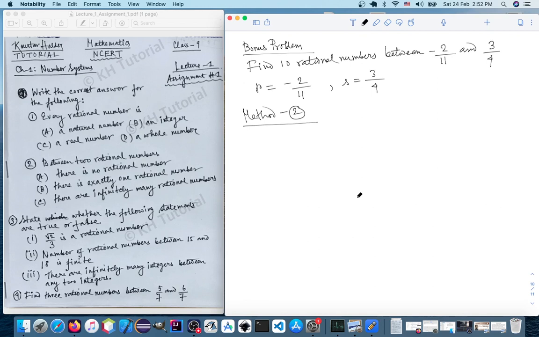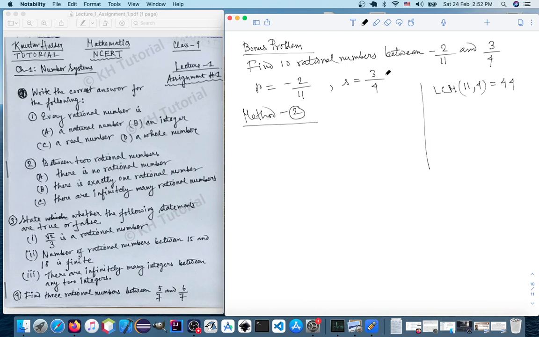To have the same denominator, we explained in lecture 1 that we first need to find the LCM of 11 and 4. So, the LCM of 11 and 4 is 44, right?